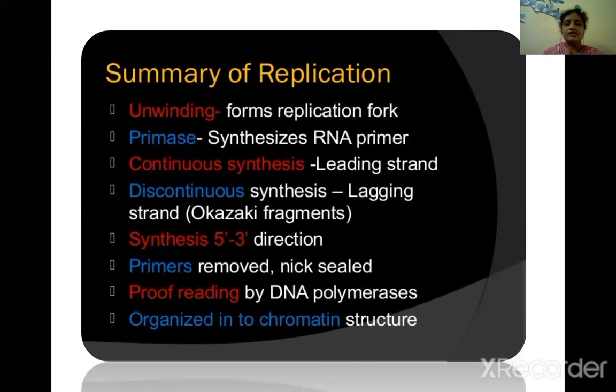These are also called Okazaki fragments, which are joined by the DNA ligase enzyme. Synthesis is in the 5 prime to 3 prime direction. DNA synthesis always occurs in this direction only, 5 prime to 3 prime. Primers are removed and nicks sealed. Next, proofreading by the DNA polymerases, and last, organization into chromatin structure.